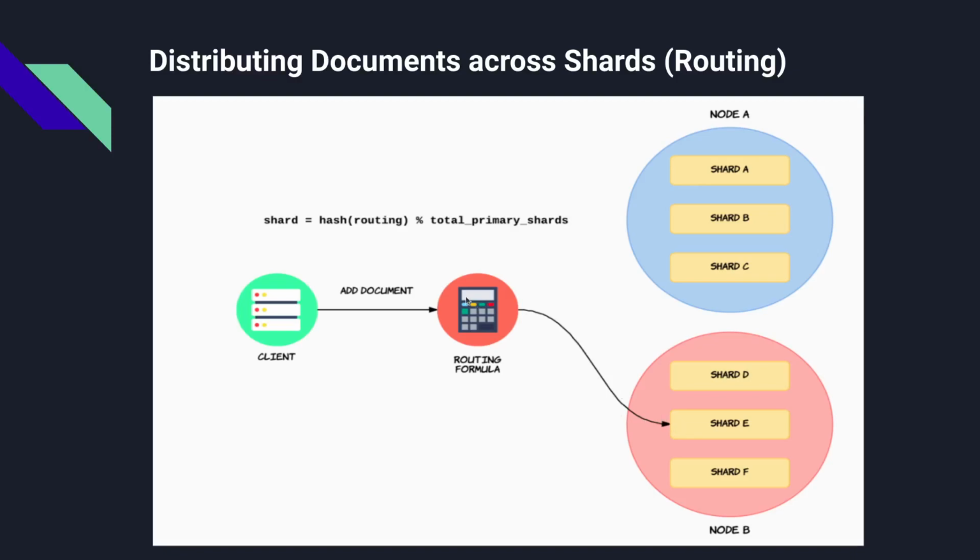Now, what is routing in this case? By default, routing will be equal to a given document's ID. The routing value will be the document ID, and it is hashed. Documents are basically hashed to a particular shard. So a hashing function is applied, and this is divided by the total primary shards.